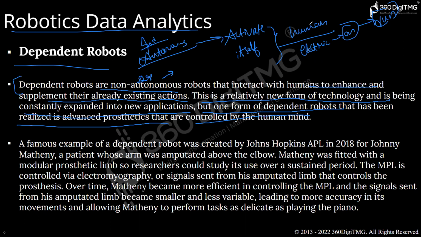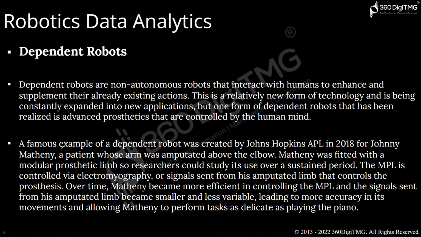Going on, a famous example of dependent robots was created by Johns Hopkins. In 2018, there was a patient, guys. Let me say his elbow got a crack. They used a modular prosthetic limb, and he did some research, which was expanded over a sustained period.